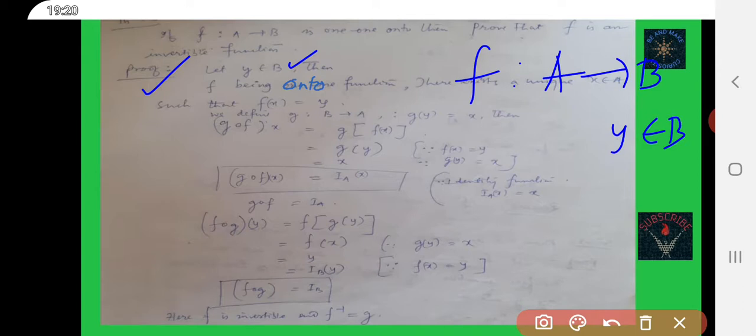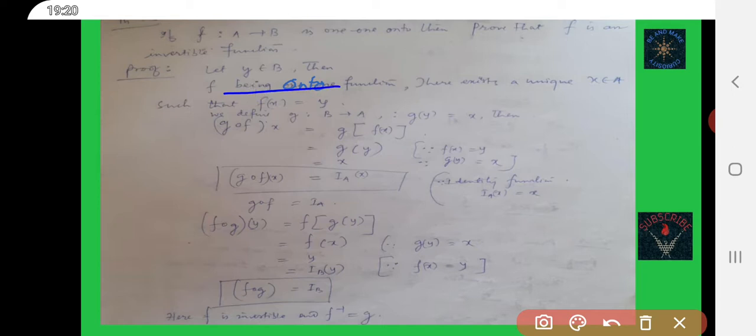But f is one-one and onto, so there must exist a unique element x in set A such that f of x is equal to y.